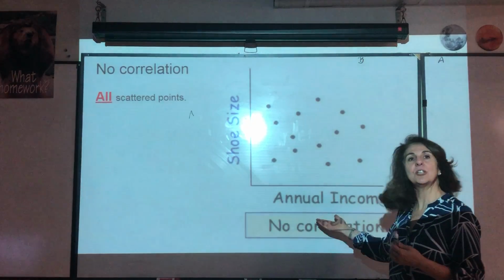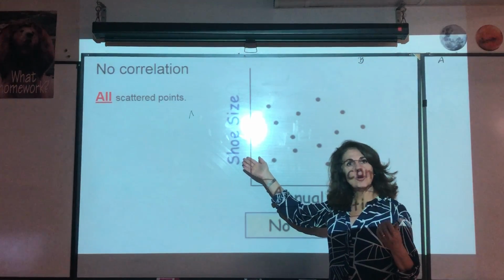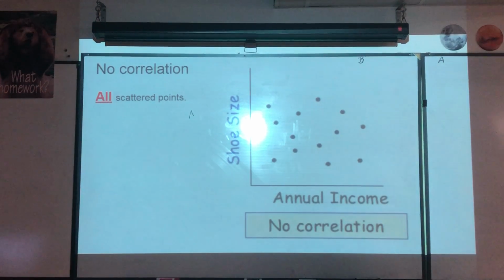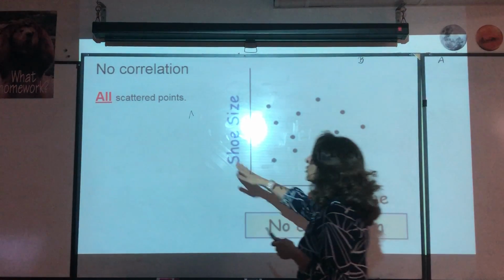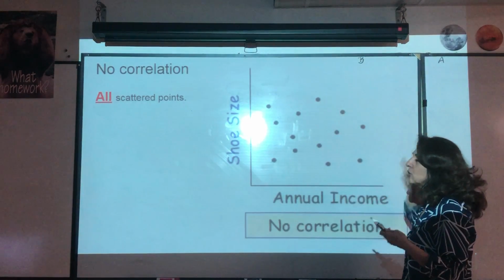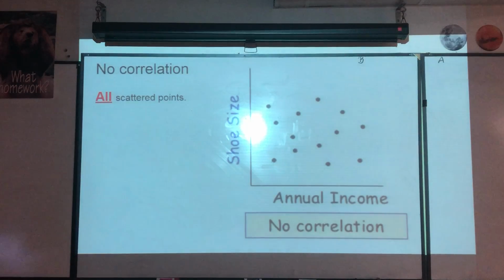So it doesn't matter how much money you make, that doesn't tell what size of shoe you wear. So the information is all spread out because there's no correlation between one piece of information and the other. So all scattered points. The information is just kind of lost or out there in the graph.